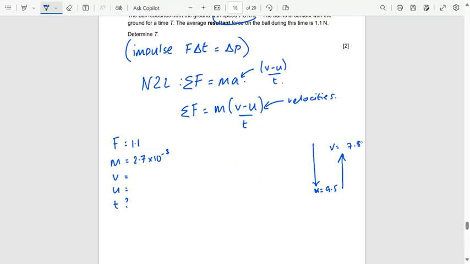However, for acceleration, we're looking at velocity. Because this is in a different direction, I'm going to say this one is positive and that one's negative. So 9.5 positive and minus 7.8. And now we just have t, which is unknown. Let's rearrange for t first of all. I'm going to multiply both sides by t, then divide both sides by resultant force.